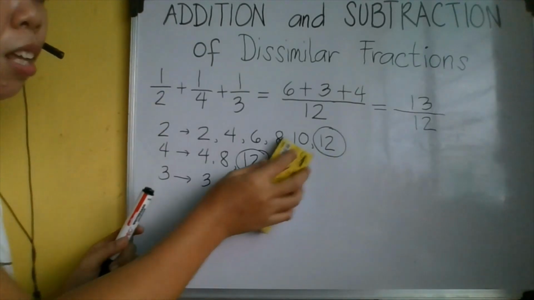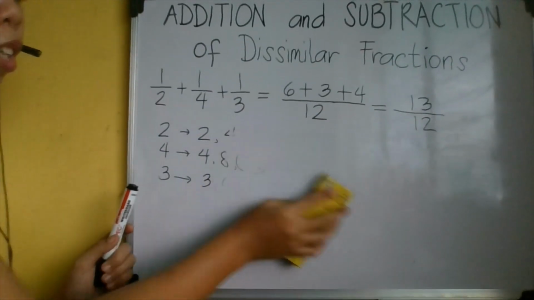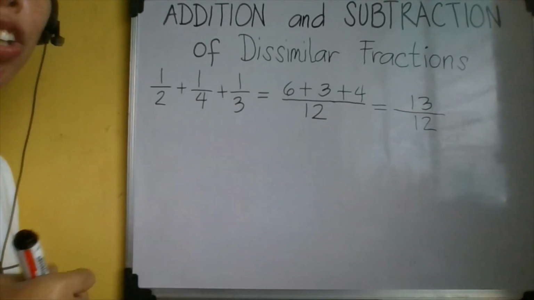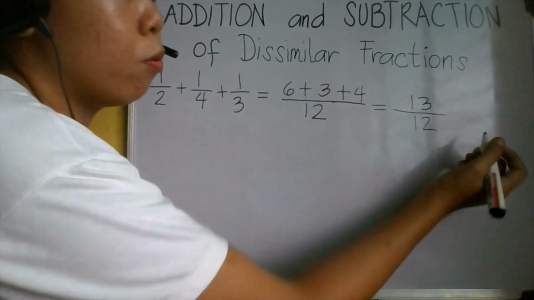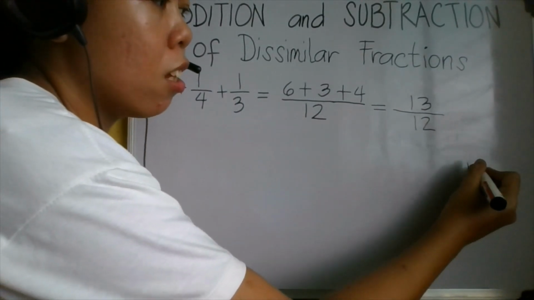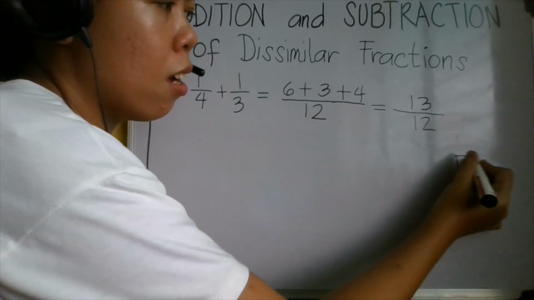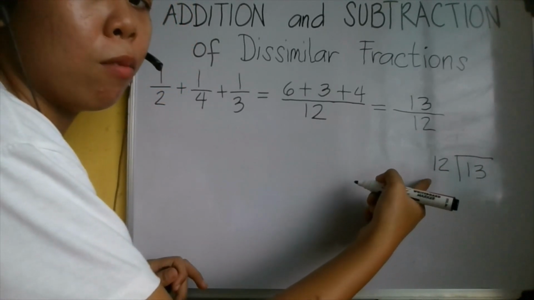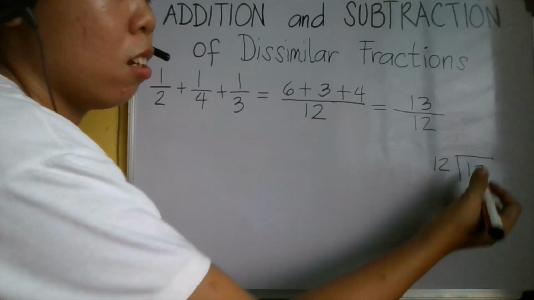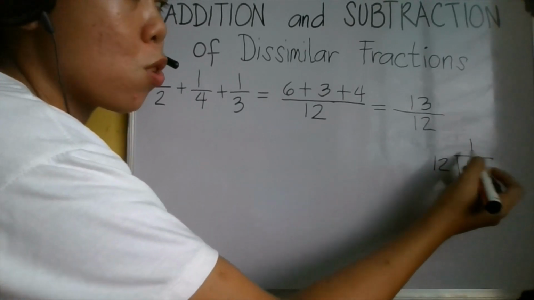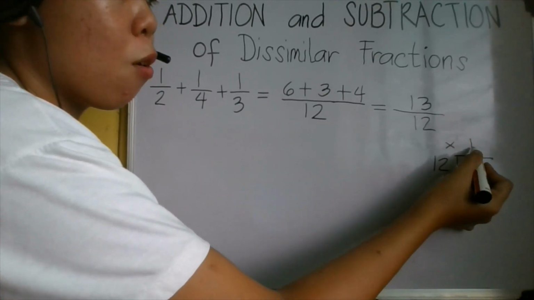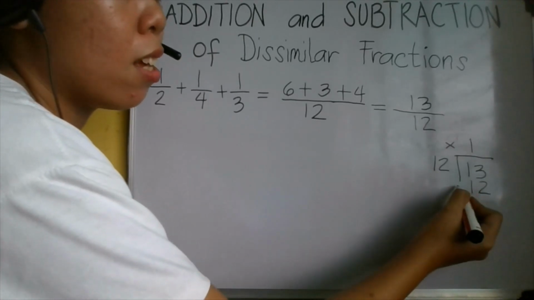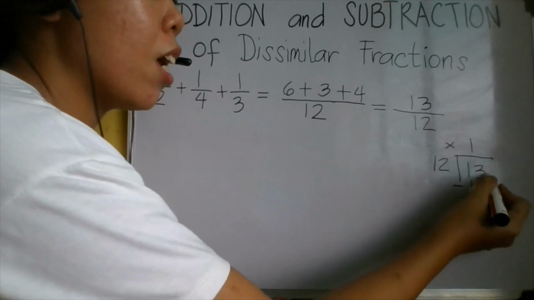So we have to change that to a mixed number. So dividing 13 by 12, we have 1 in 13. So write 1 as the quotient, then multiply 1 times 12, we have 12. Then subtract 13 minus 12, we have 1.